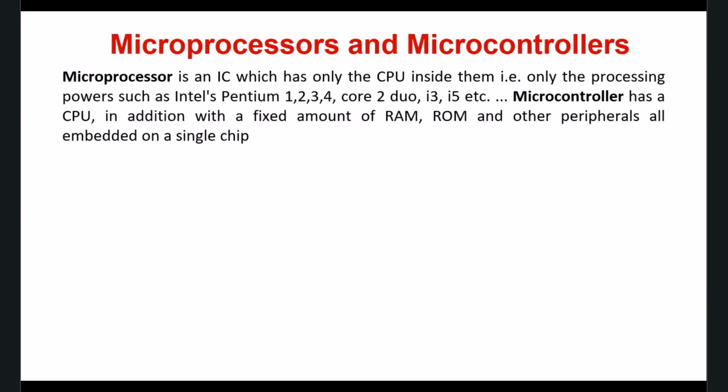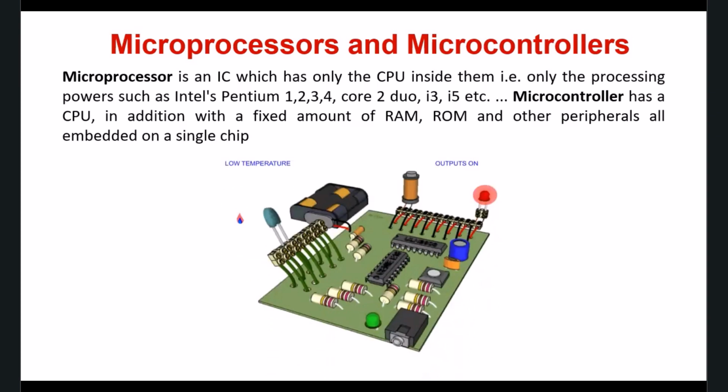The microprocessor within the chip does not have any type of memory. It is dependent on coprocessors to be connected with the memory. So memory is externally connected to the microprocessor, and if you don't have memory, your microprocessor is not going to work. In case of the microcontroller, it is different.